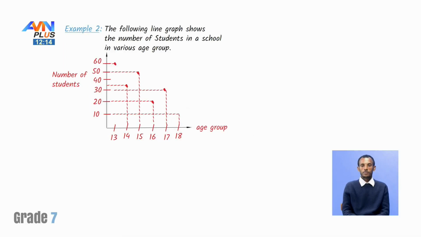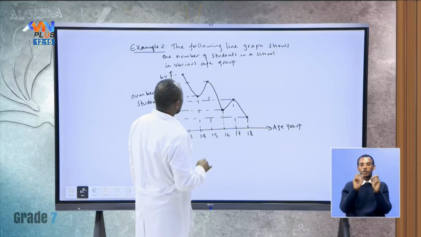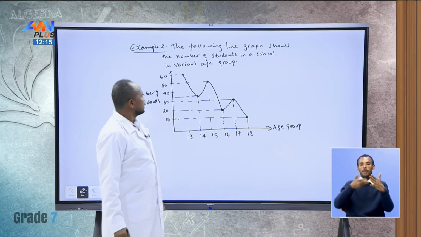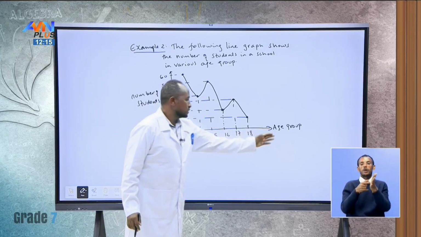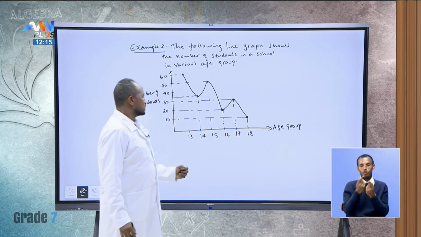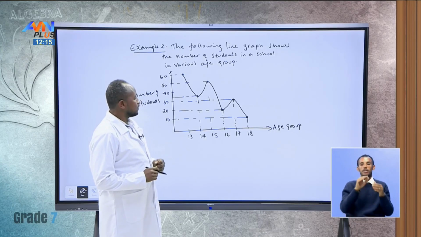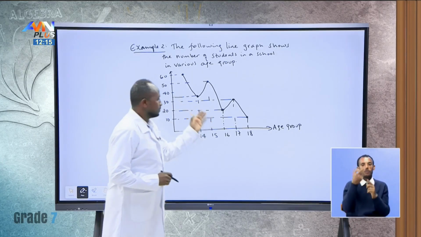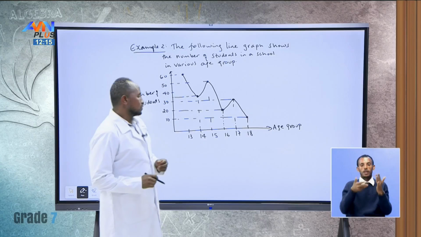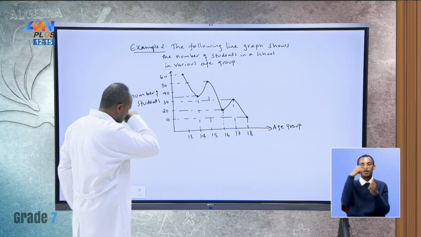Okay, this is a line graph. This line graph is given, which shows the age group of students and the number of students in a given school. So from this graph, answer the following questions.